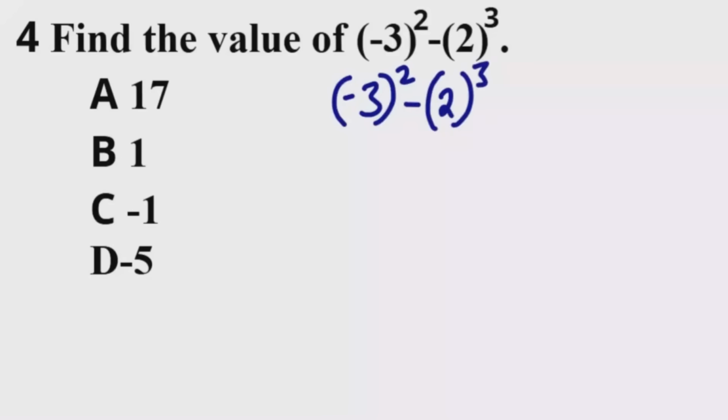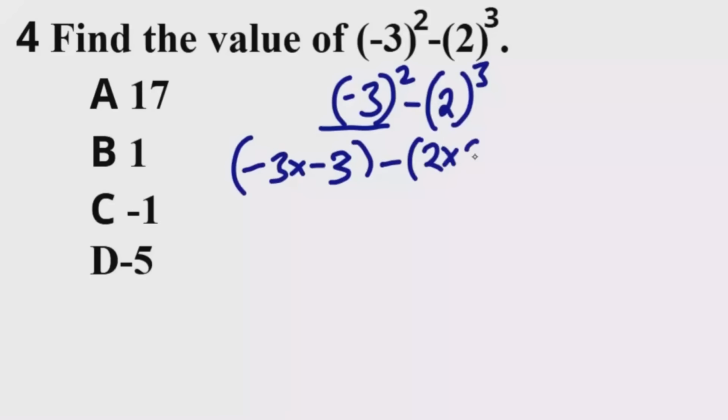Okay, so what do we need to do? We need to expand this. So to expand this, we're going to write negative 3 times negative 3. Then these will be in brackets. Then we say minus, then we have open bracket, we have 2 times 2 times 2.